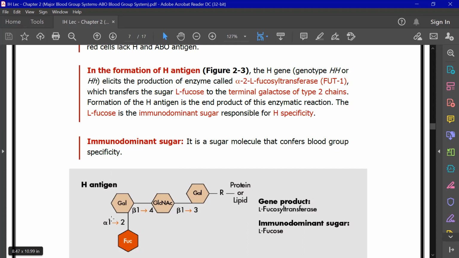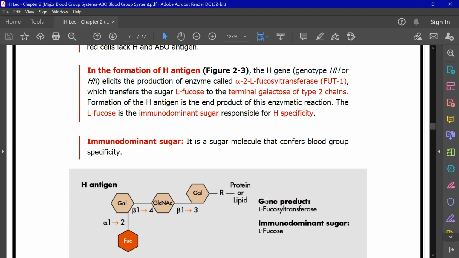Class, please take note that we are talking about the formation of ABH antigens in the red cells, so we are talking about the type 2 precursor substance. The alpha-2 fucosyltransferase adds L-fucose to your type 2 precursor substance, and the product of this enzymatic reaction is the formation of your H antigen.